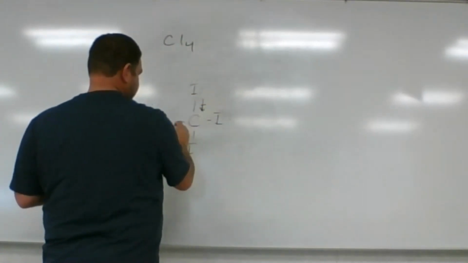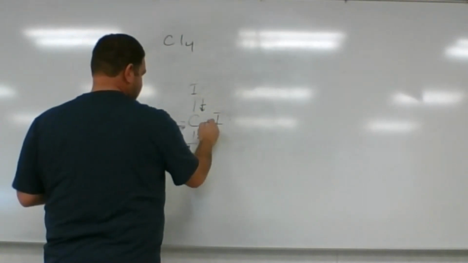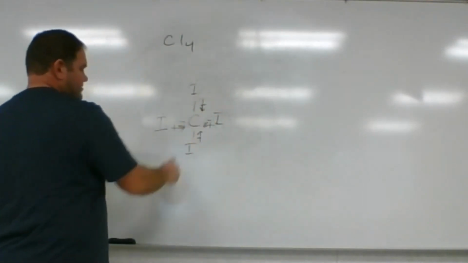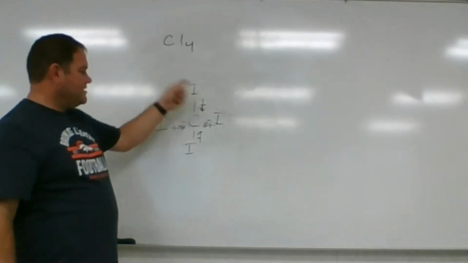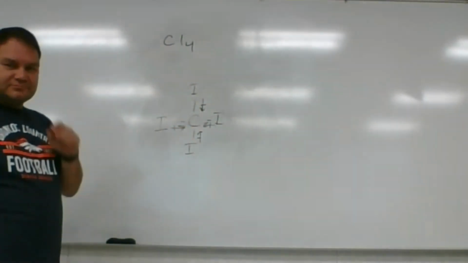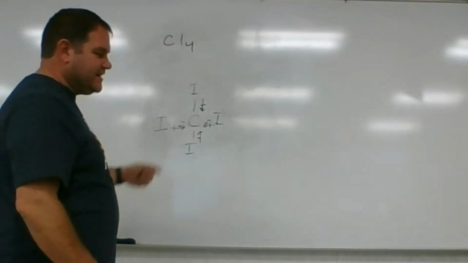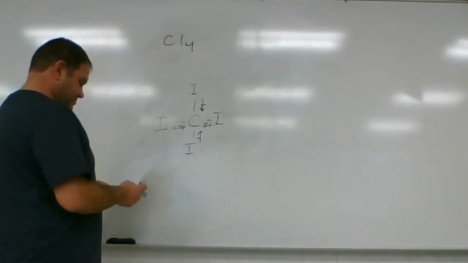Carbon is the most electronegative. So they're all pointing towards carbon. There's no lone pairs on that central atom. This is going to be nonpolar. Okay, so this is an easy nonpolar one to distinguish.